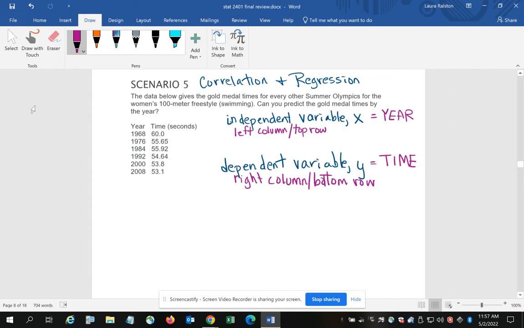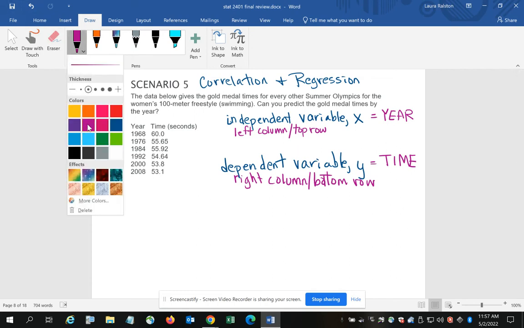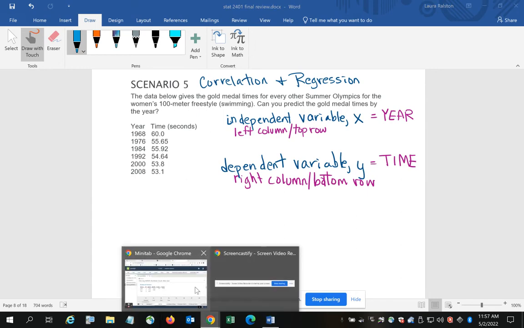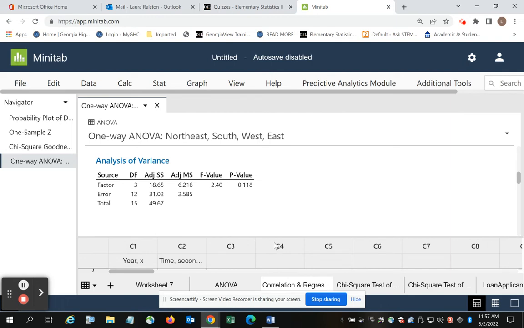So then I want to take a look at the scatter plot of this data, and hopefully there's going to be a pattern within the dots. So we enter the data, keeping them paired together as they're given to us, into Minitab, which I've already done.